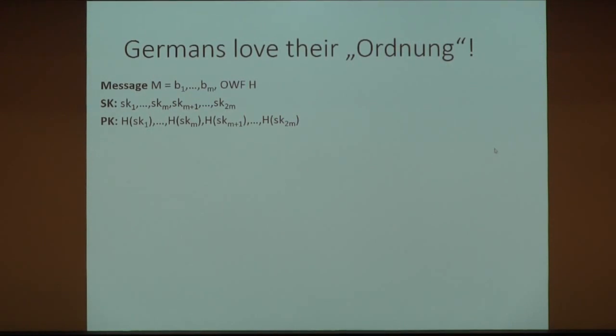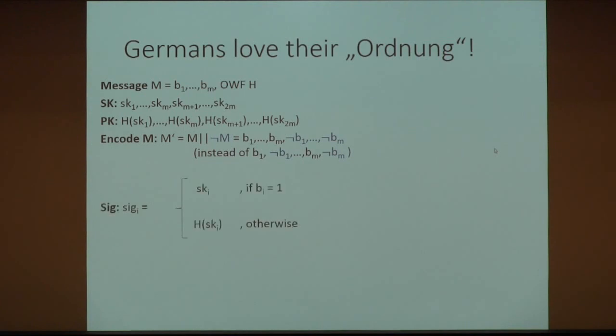We still have 2m secret key and public key values as before. And now if we encode the message as m concatenated with its bitwise negation, then we obtain exactly the same signature scheme as the trivial optimization that I presented before.